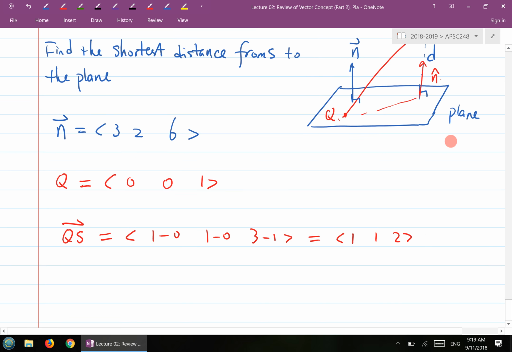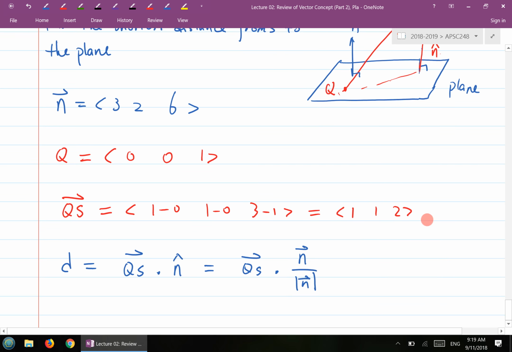And then, very simply put, my shortest distance D is essentially the projection of the QS onto the direction n hat. And n hat is the normalized n vector. So there you go. That's all you need here.